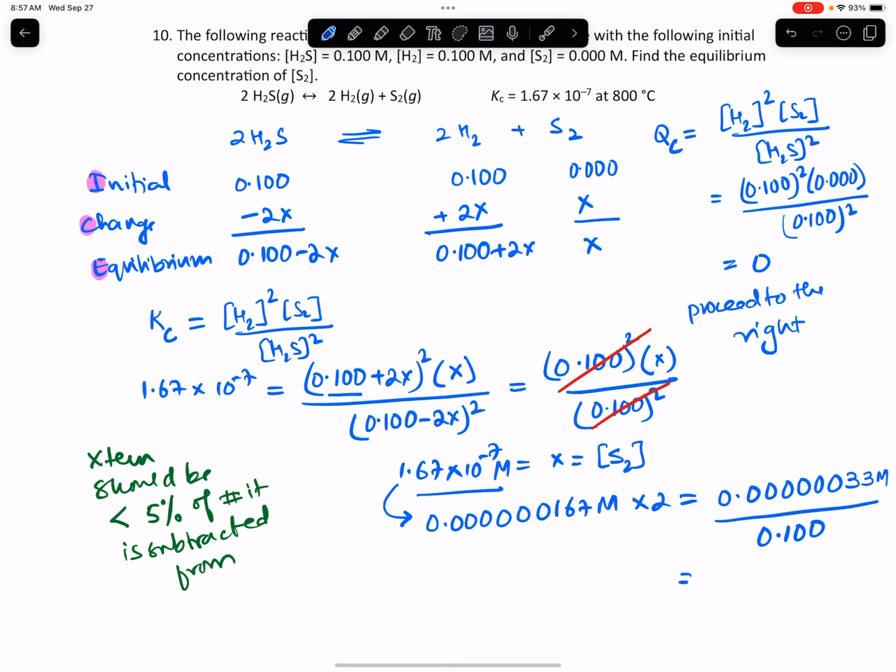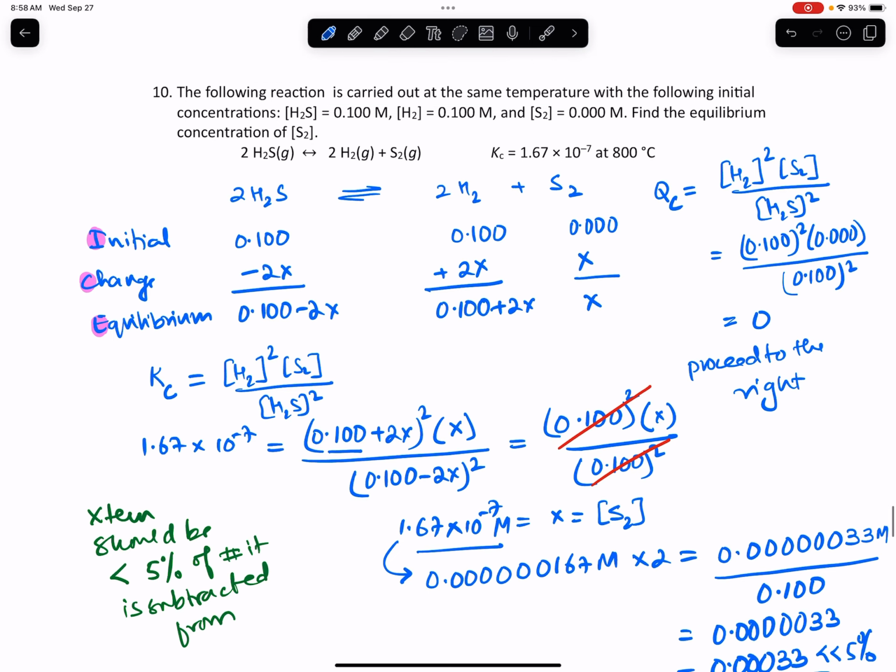That is 0.000033, and if I multiply that by 100, that becomes 0.0033. So clearly that is much, much less than 5%. Therefore, our approximation is correct. Therefore, this is the equilibrium concentration of S2. I hope that made sense. Thank you for watching.